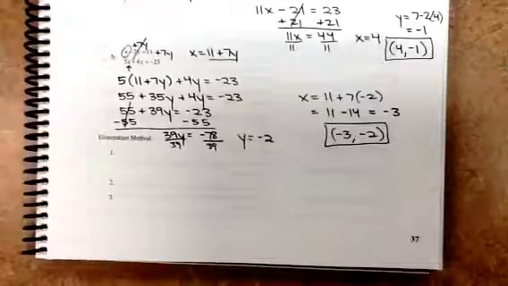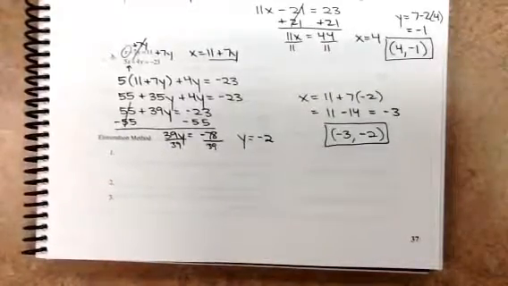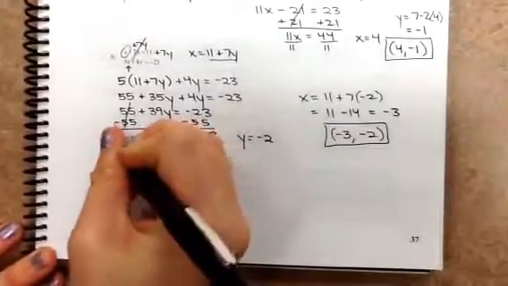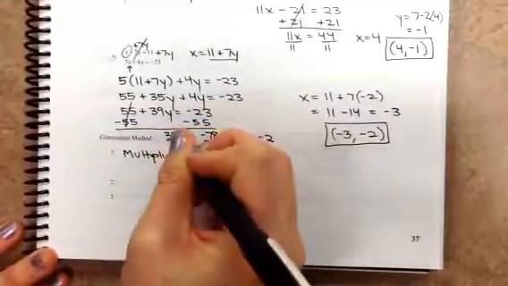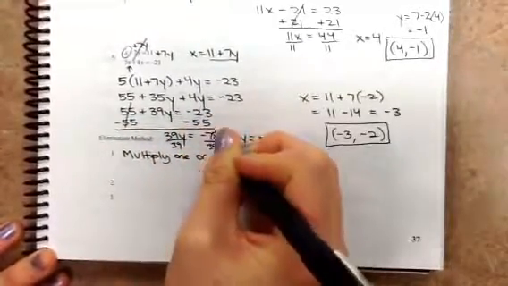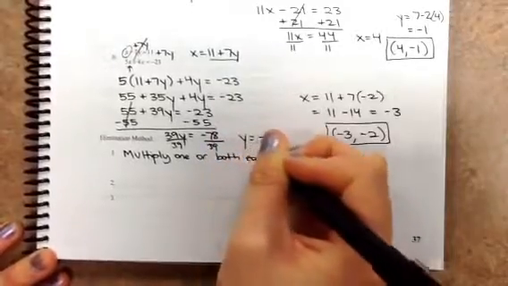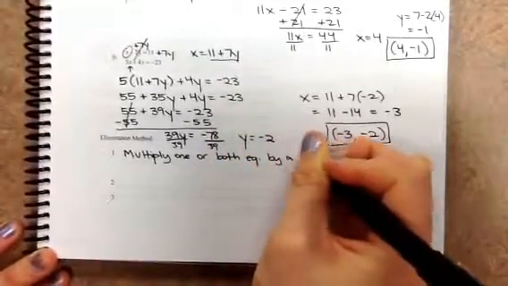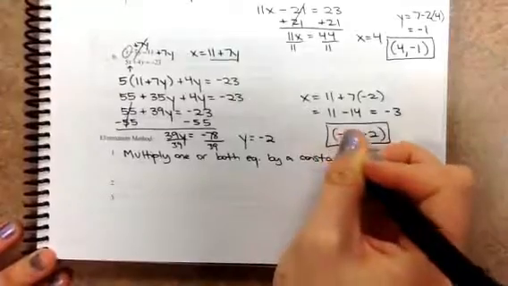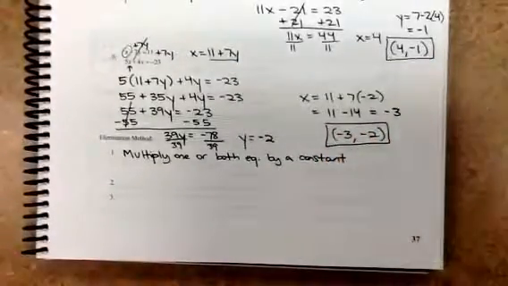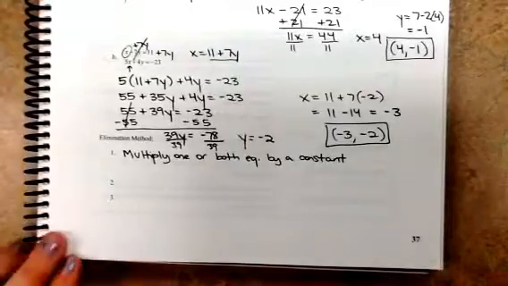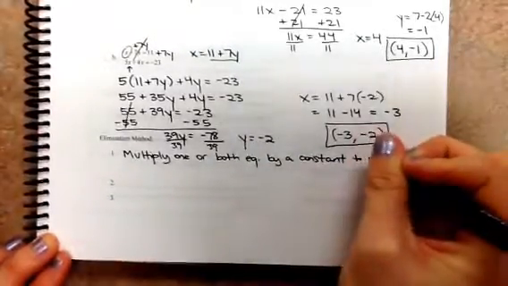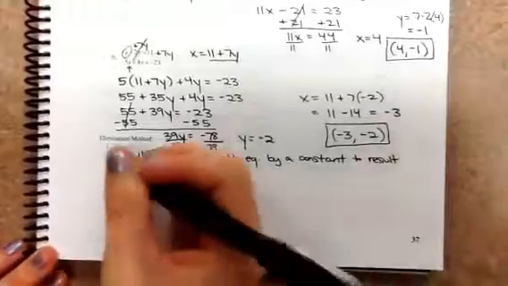So steps, we are going to first multiply one or both equations by a constant to result in equations with opposite terms. So you'll see once we actually look at an example what we mean.